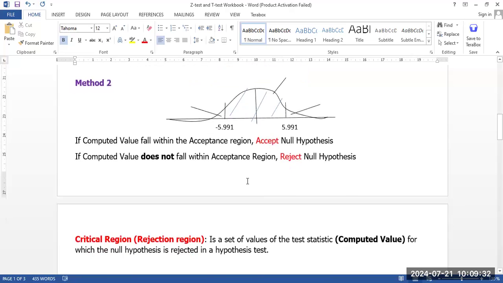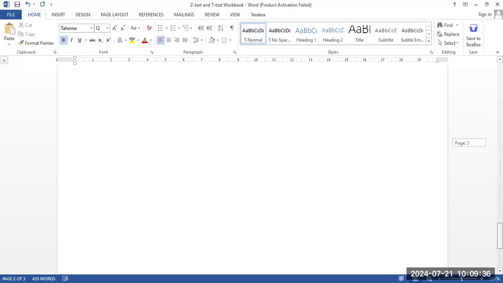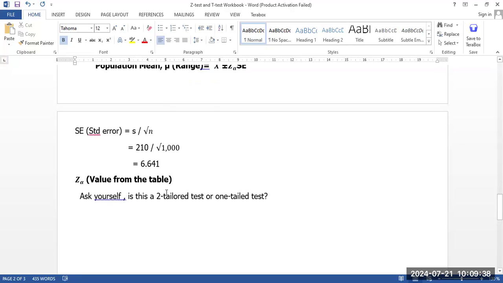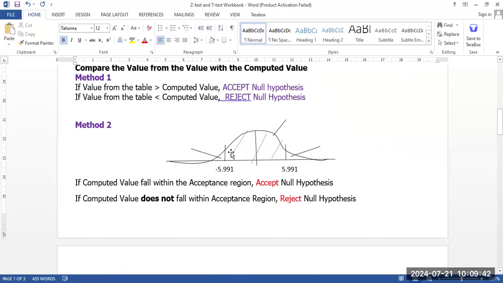I'm saying this diagram will be applied somewhere. So I was talking about one-tailed. You see, if it is one-tailed, you have a side. You are either focusing on positive values, that is from this moving forward to your right, or you are focusing on left side only.